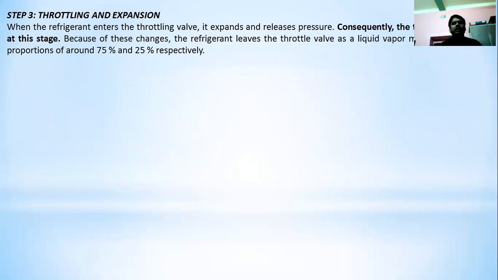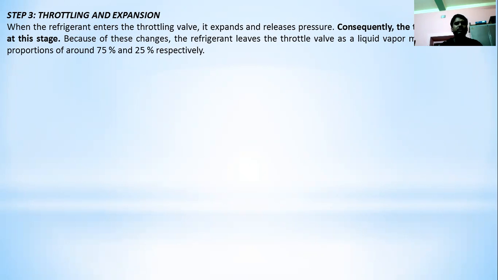Third one is the throttling and expansion valve. This is very important. When the refrigerant enters the throttling valve, it expands suddenly. So what will happen? Sudden release of pressure. Consequently, the temperature drops at this stage. Because of these changes, the refrigerant leaves the throttling valve as a liquid vapor mixture. So the input is liquid, and the output is a liquid vapor mixture, typically in a proportion around 75% to 25% respectively.